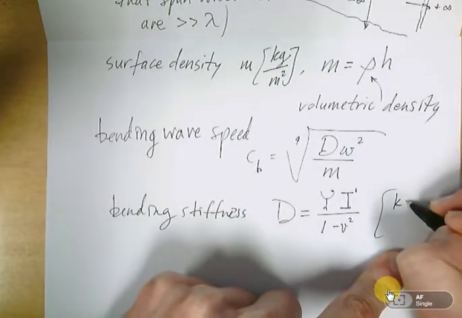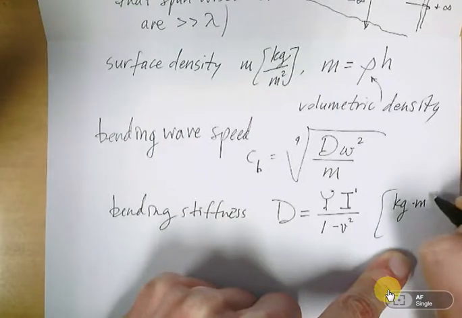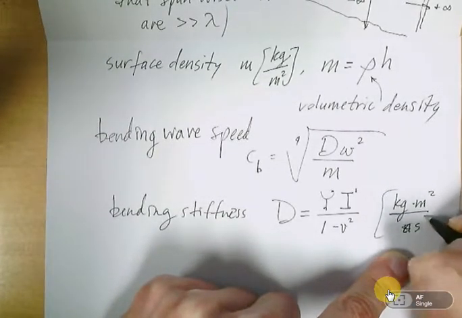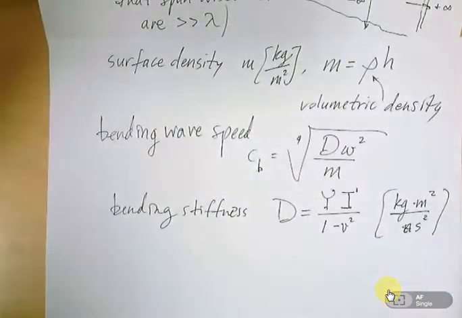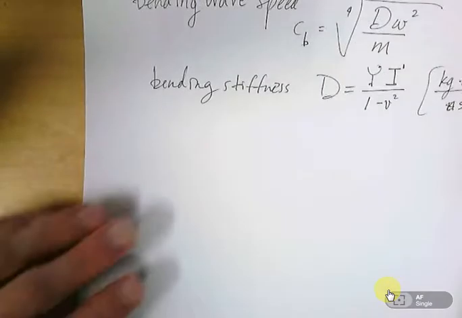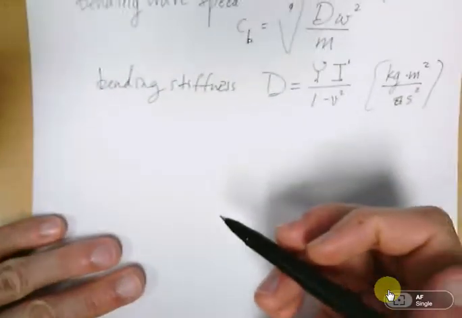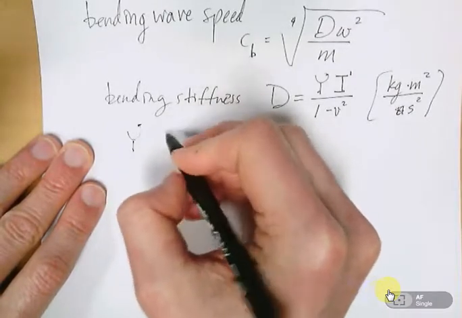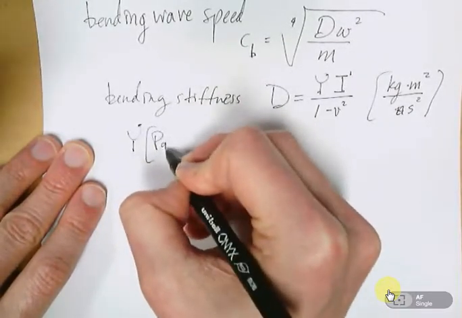The units of bending stiffness are kilograms meters squared per second squared. And writing out these characteristics, once again, we have that Y is the Young's modulus, in Pascals or newtons per meter squared.